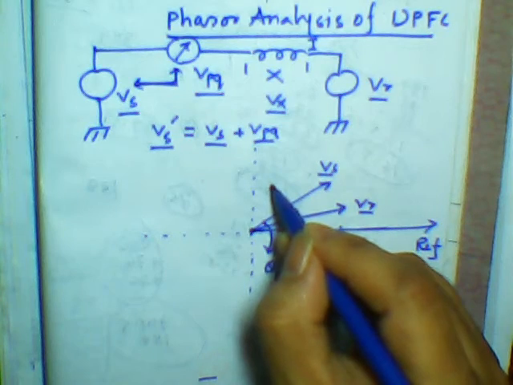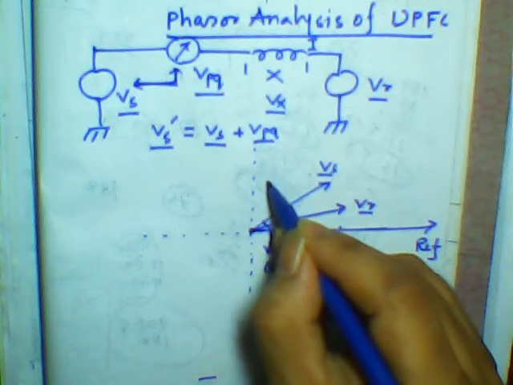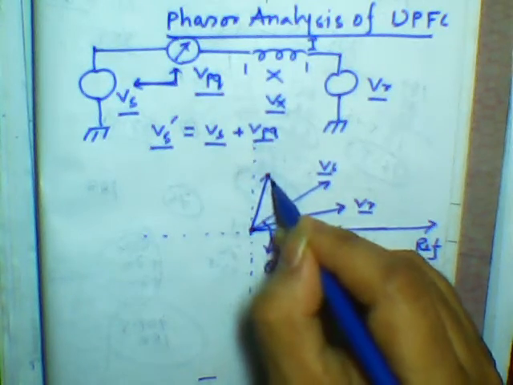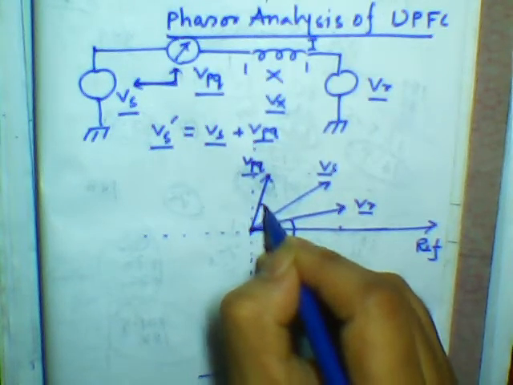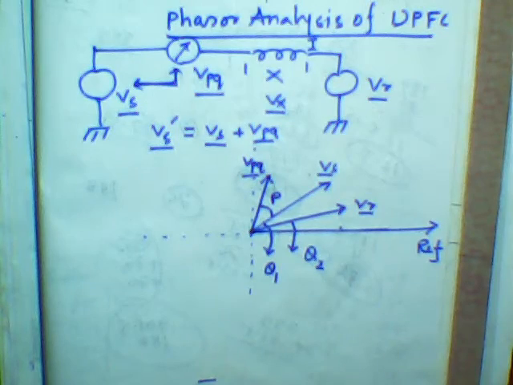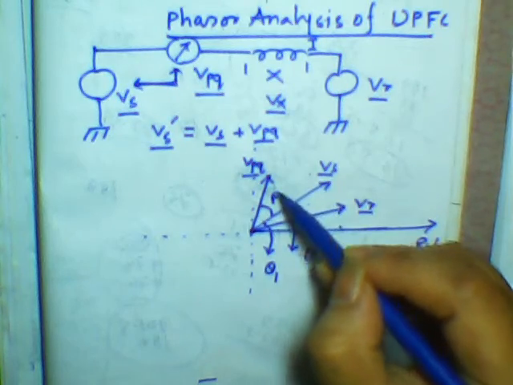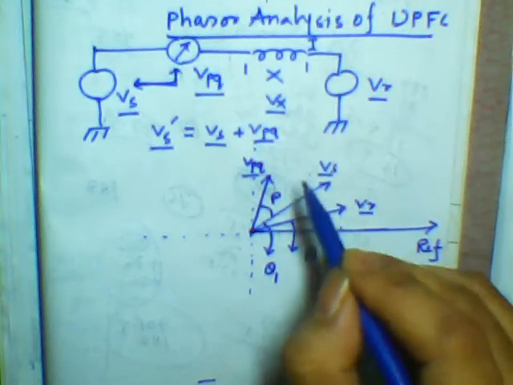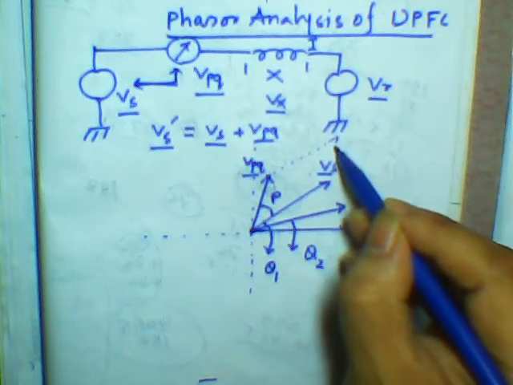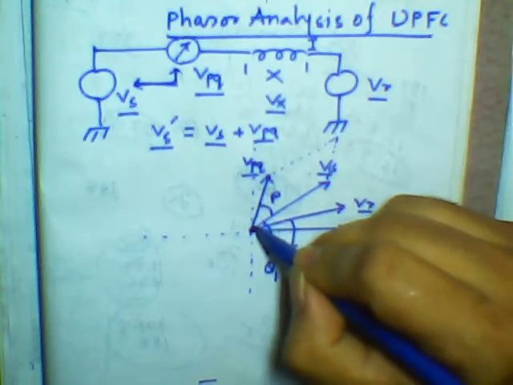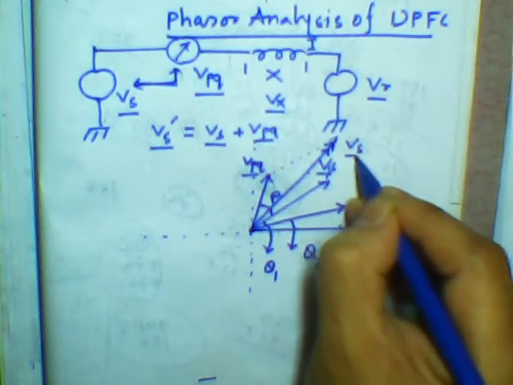This VPQ vector makes an angle with the Vs vector of rho, which is controllable. So this is your VPQ vector, and this angle is rho. Now the new generation voltage Vs dot is the vector summation of Vs vector and VPQ vector. To get that, you have to complete a parallelogram, and the resultant of this parallelogram will represent Vs prime.